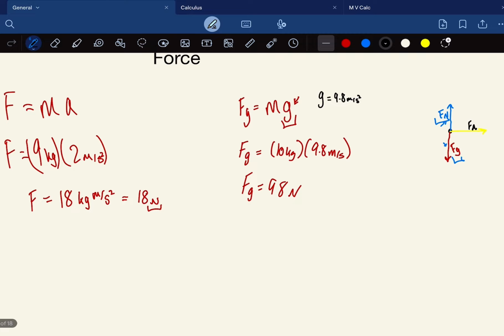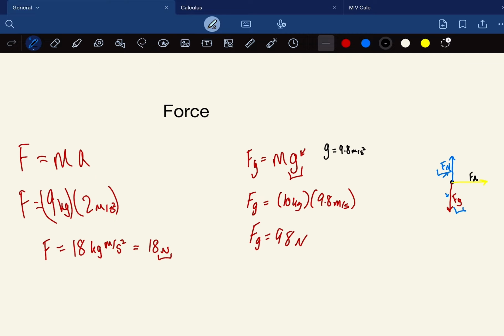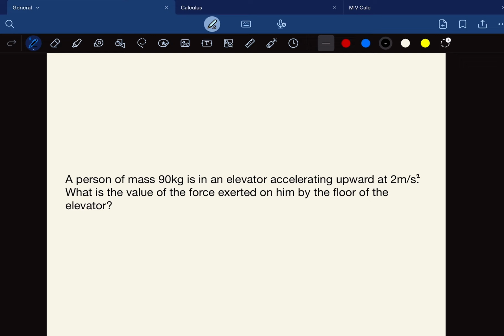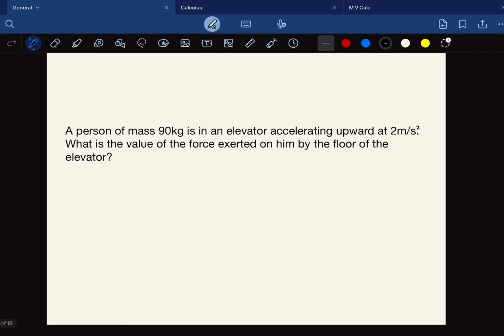So now let's look at a problem using this. We have a person whose mass is 90 kilograms in an elevator which is accelerating upwards at 2 meters per second squared. What is the value of the force exerted on him by the floor of the elevator?